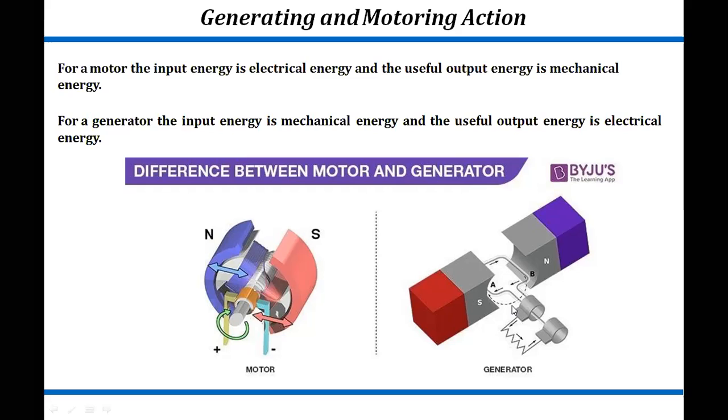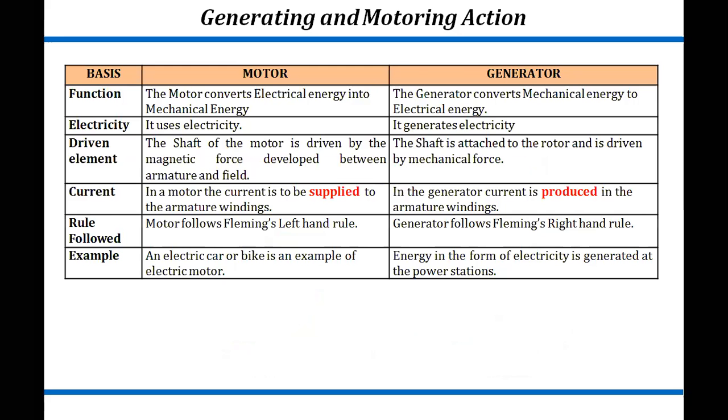So for a generator, the input energy is mechanical energy and we get output in the form of electrical energy. Here N and S are nothing but the poles. We will see them one by one.